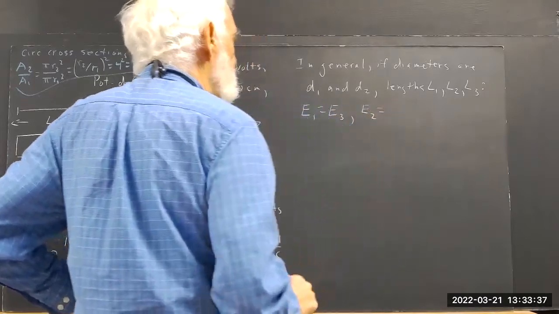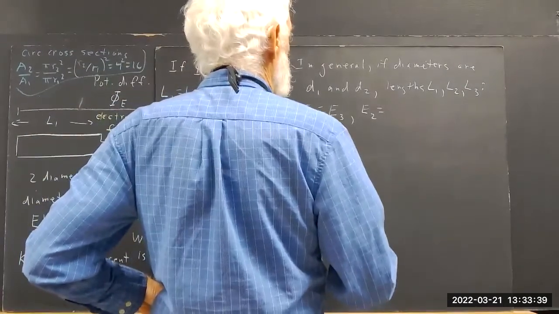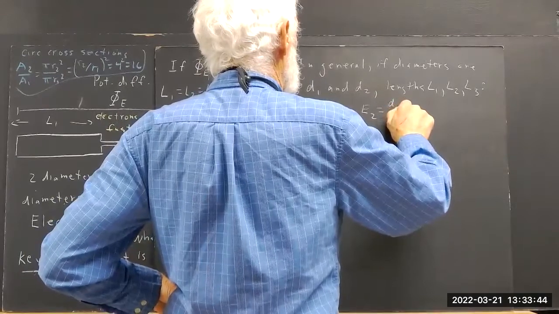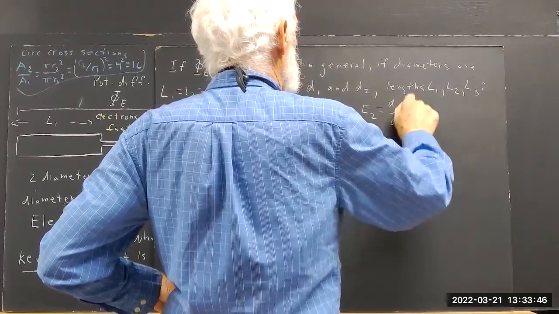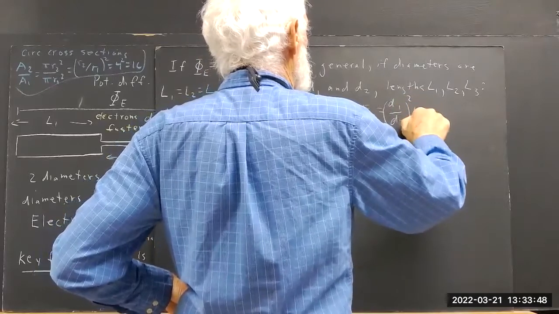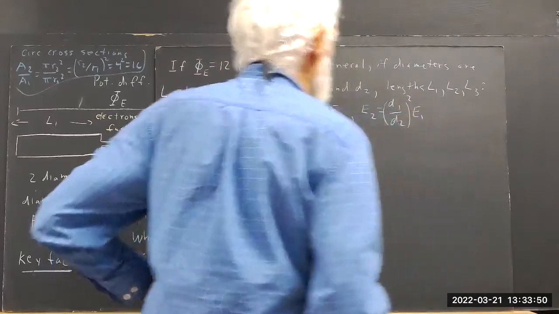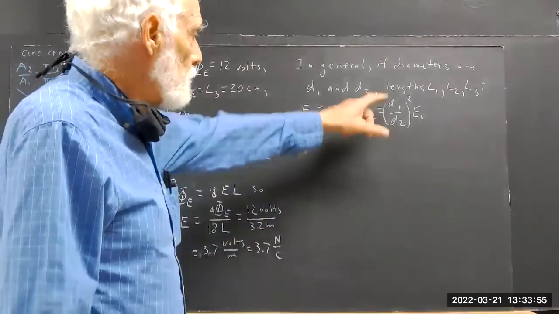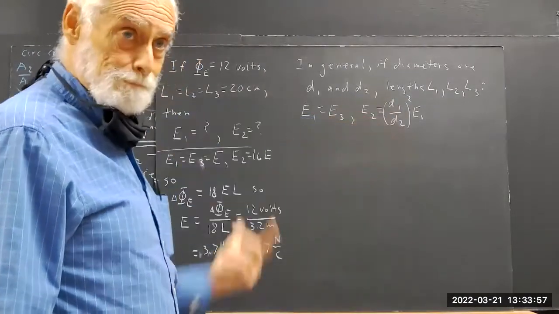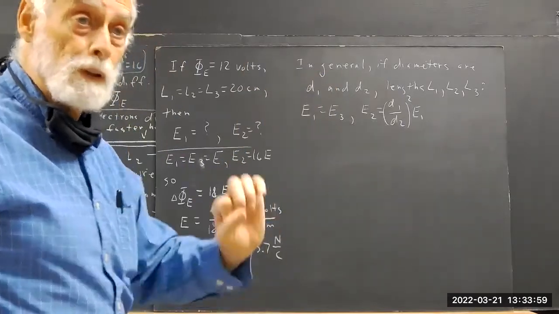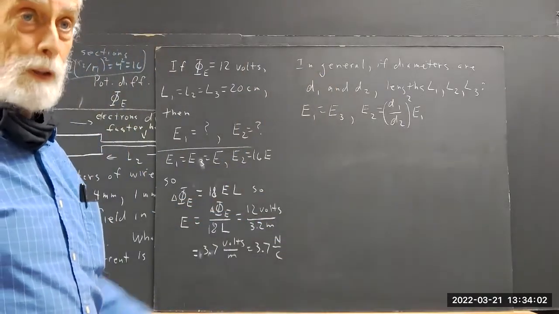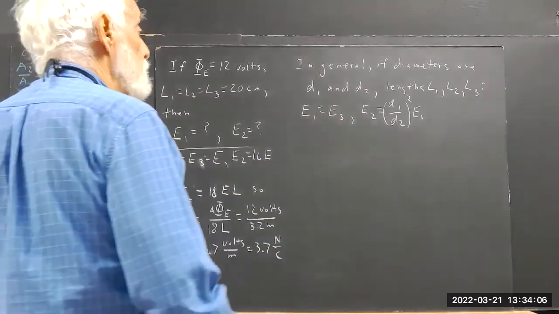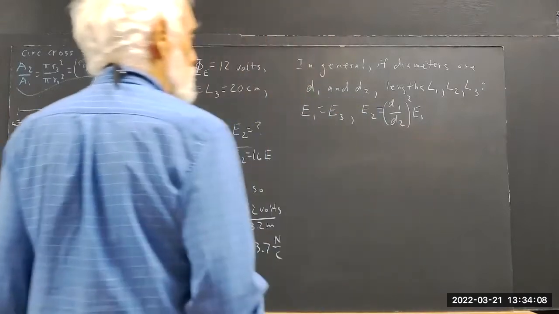E2 equals D1 over D2 quantity squared times E1, where D1 is the diameter of the first wire, D2 the diameter of the middle wire, right? And the diameter of the end wire is the same. Okay. So there are the electric fields.